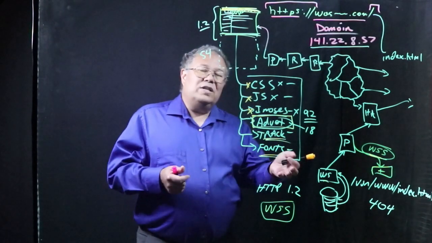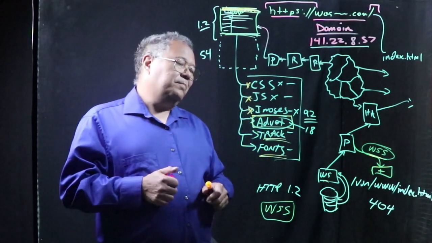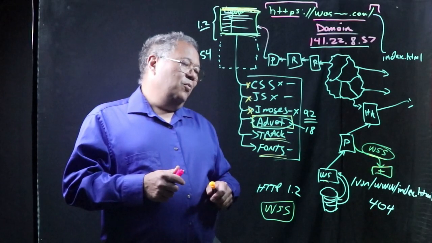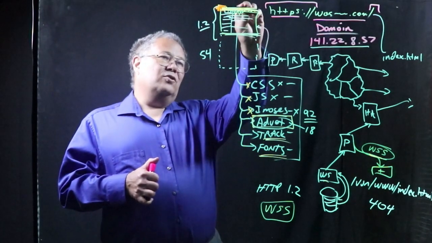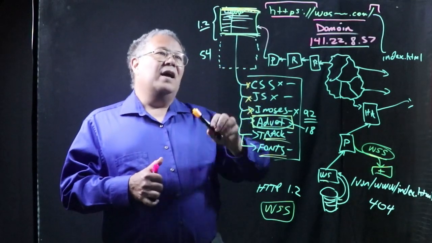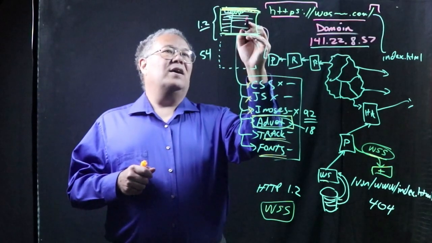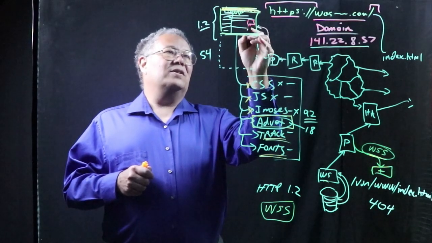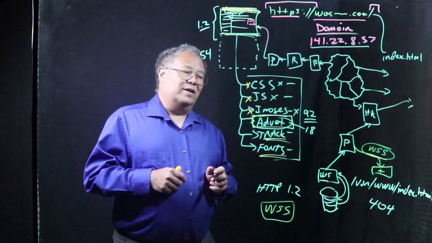So all of these pieces end up on your computer over here. Now, when we get done with this, it eventually renders the whole page. And then you go out and you click on some link on the page. You say, oh, I really do want to read this article right here. There's a headline over there. And you click on that link.